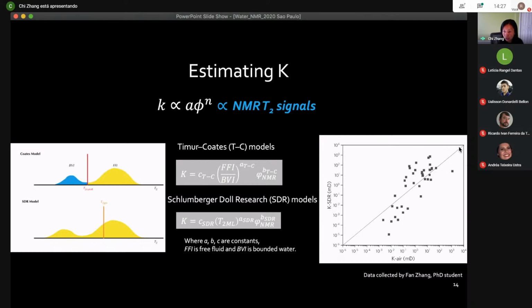And you can see this is a one-to-one line, and on the y-axis it's the SDR predicted permeability value, and on the x-axis is the actual measured air permeability value. And I would argue such prediction is within the acceptable range for the K estimation. At least most of them are within an order of magnitude of the misfit.